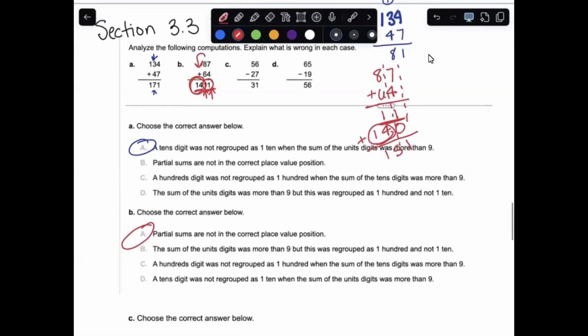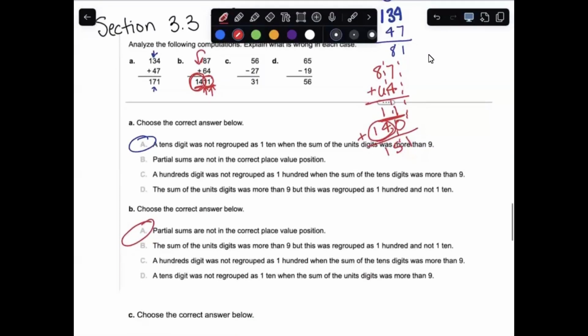All right, let's look at C. So C, we have 56 minus 27, and they've claimed that this equals 31.